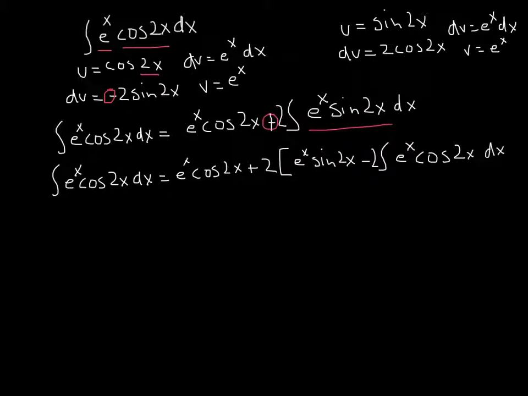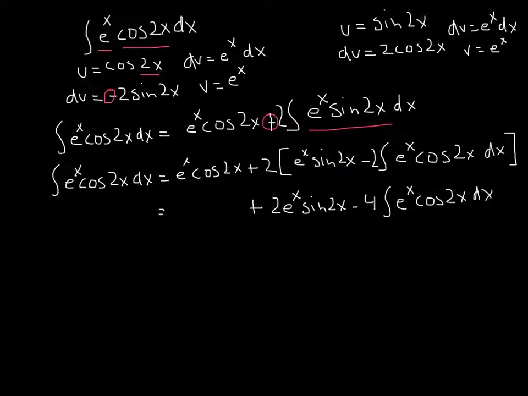Before we go further, let's distribute the 2 inside here, and so that's going to give us 2e to the x sine of 2x minus 4 the integral of e to the x cosine of 2x dx. I'll just go ahead and rewrite this part also, e to the x cosine of 2x.